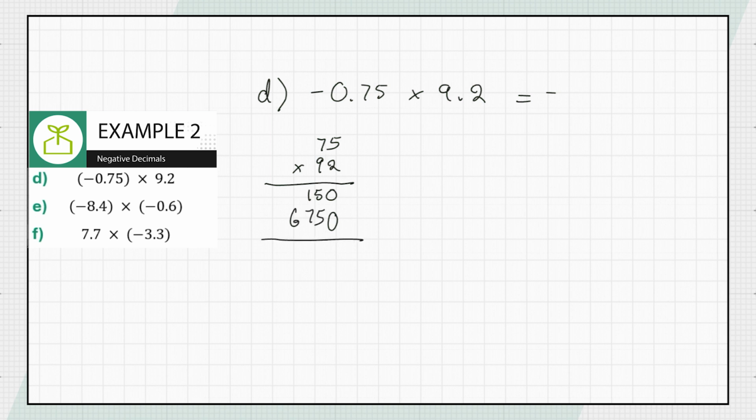Now, when we add them both together, we get 6,900. Bring that back up here. And in total, we have 2 decimal places here and 1 here. So we need 3 in our answer. And that means this is minus 6.9. Because we have all these extra zeros that we don't need, we're just going to drop them. And our answer is there.